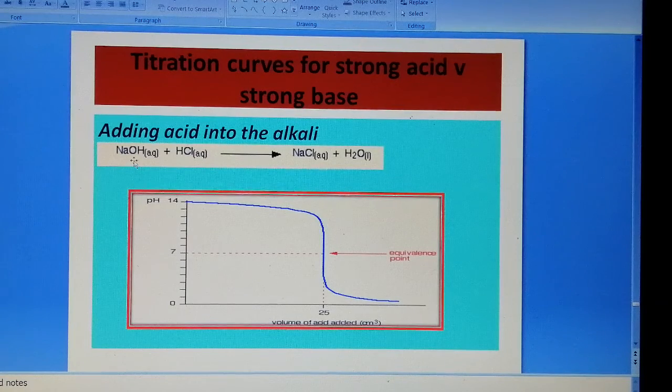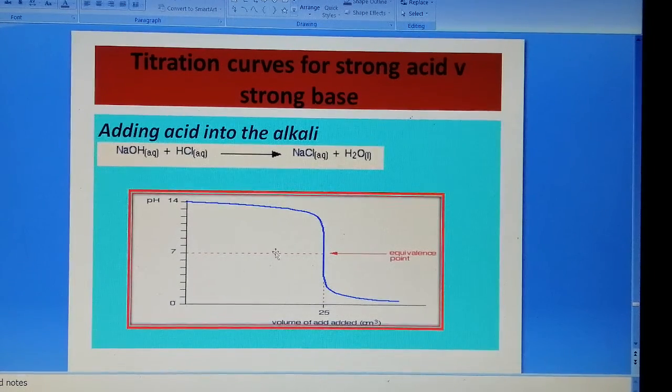Suppose here we are adding a strong base and HCl. We are taking sodium hydroxide and HCl. Strong base, strong acid. See here we started from 14. So we should think that we are taking a base, and into that base we are adding HCl. The HCl will stop near 0 or in between 0 and 1, and the equivalence point is at 7.